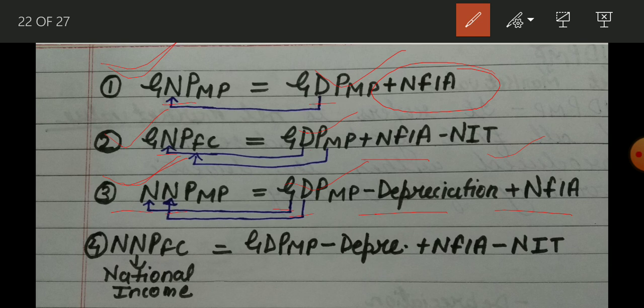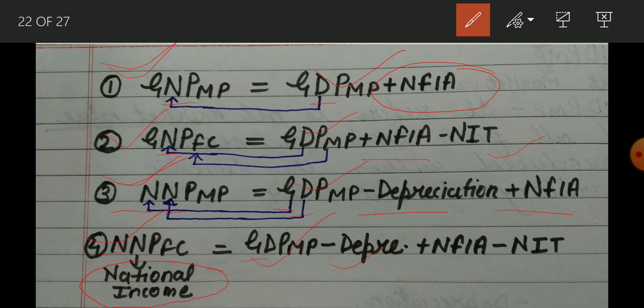Next is, suppose we are given GDP MP and told to find out NNP FC, that is known as national income. So what we have to do: here is G, here is N. From gross to net we have to subtract depreciation.